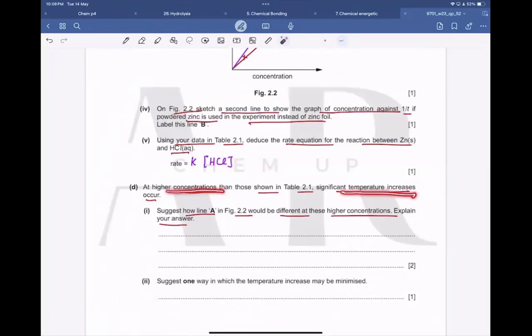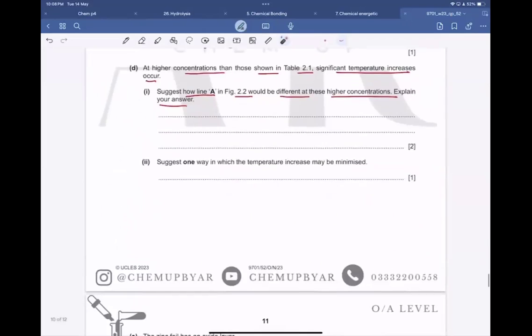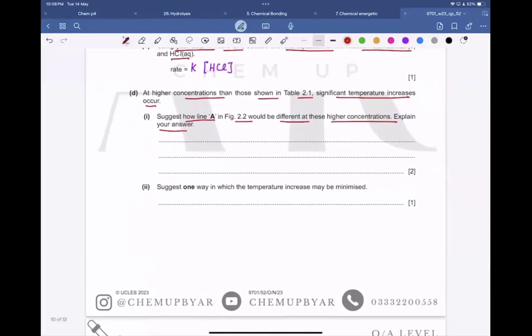So the higher concentration would increase the rate, right? But what would the temperature increase do? It is also going to increase the rate even more. So that's why you are getting the curve like this. It's going to be like this because the rate is increasing due to the increasing temperature as well. So it's not going to stay the same. It is not going to increase at the same rate, but at a higher rate. That's why.